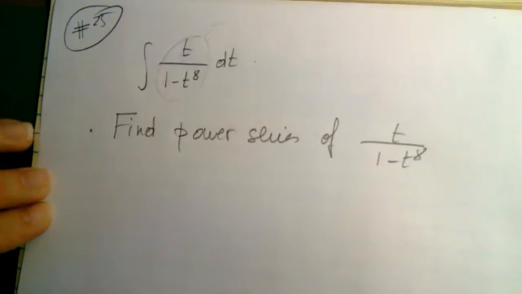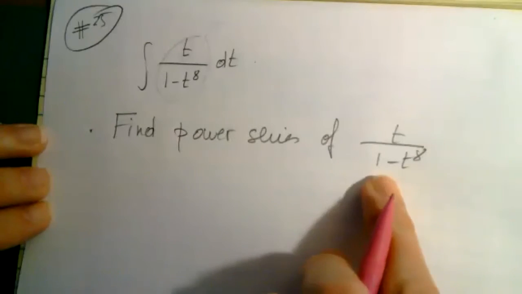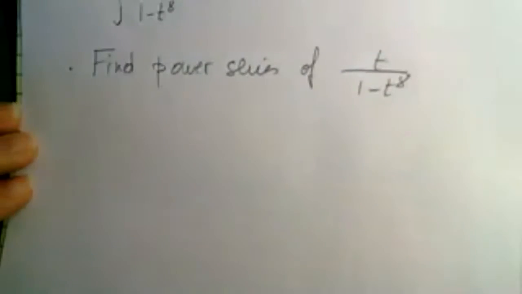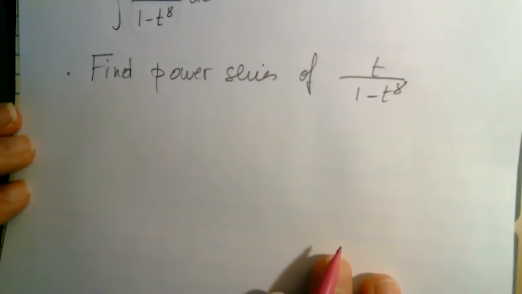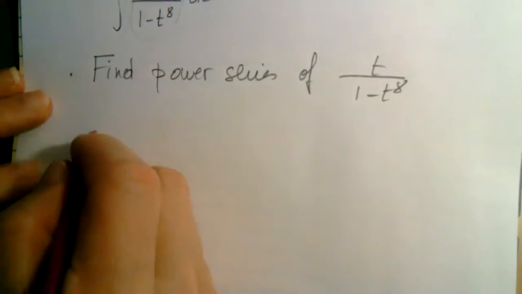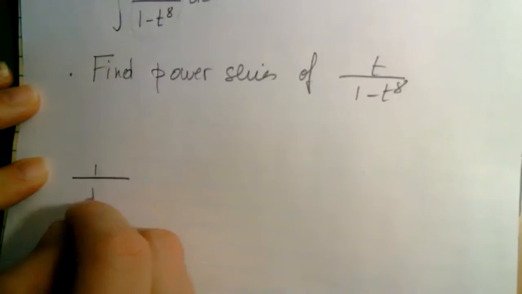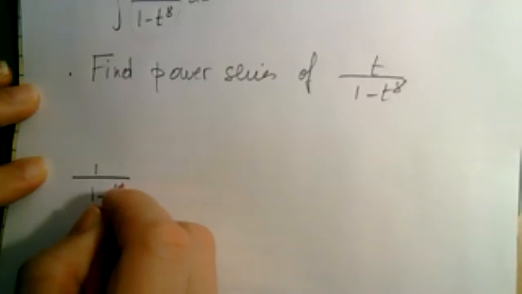That's going to be my first step. Once I do that, I integrate term by term and see where I'm going to head. So I want first 1 over 1 minus t to the power 8.